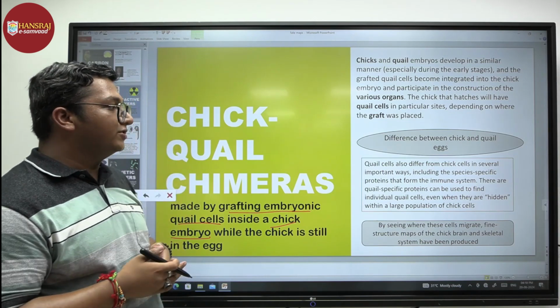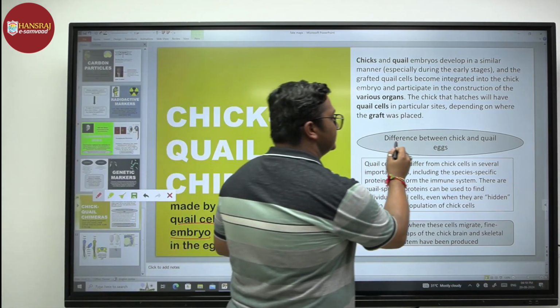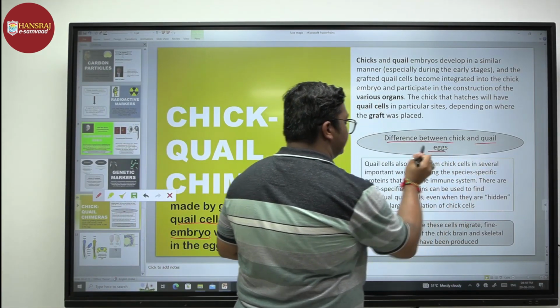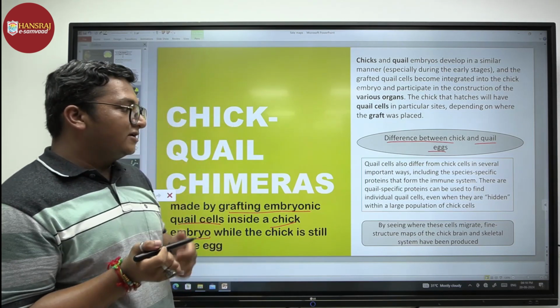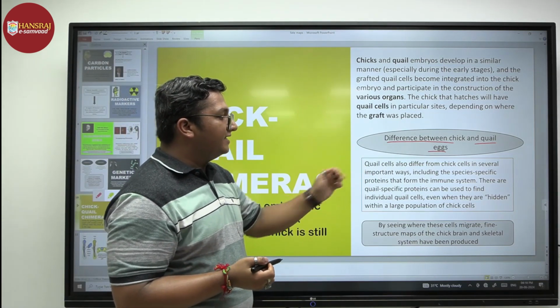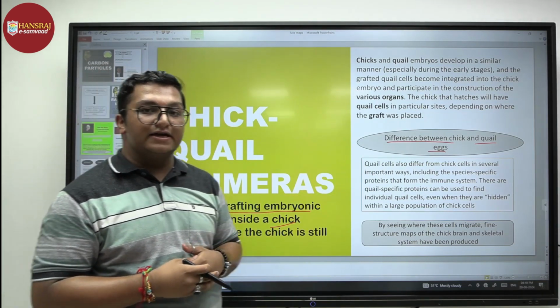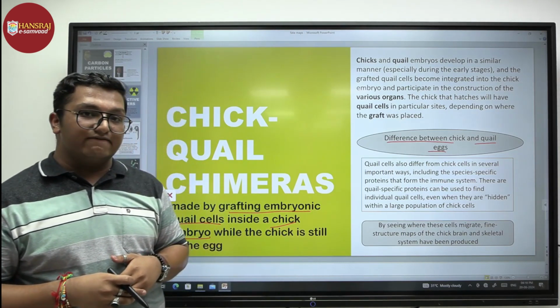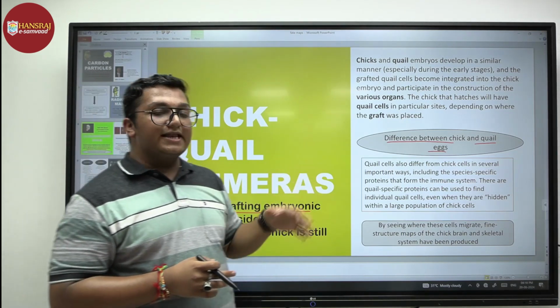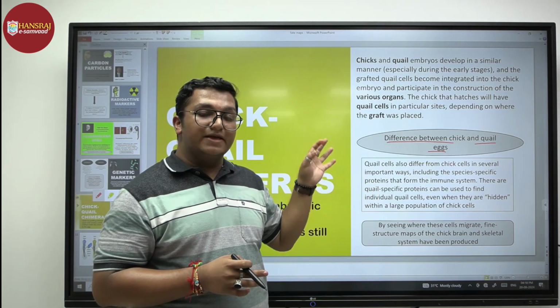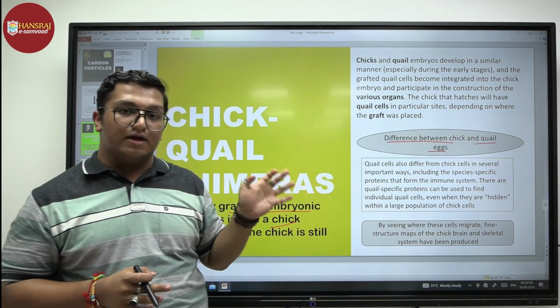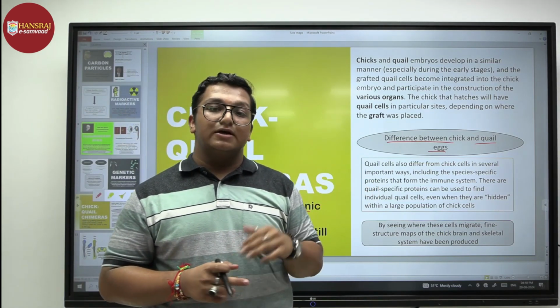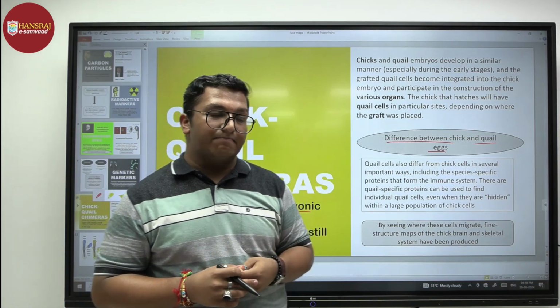So why do we do it? Because there is some difference between chick and quail eggs. The proteins which are used to identify quail cells are different, and they can be easily identified at the later stages of development. So we use quail eggs, and one of the major reasons for using quail embryo is also that it has similar stages of development.